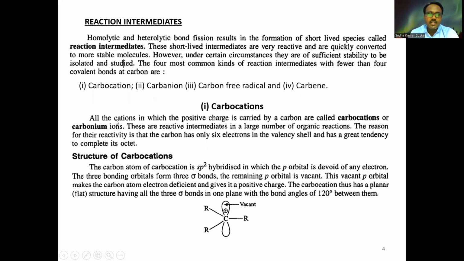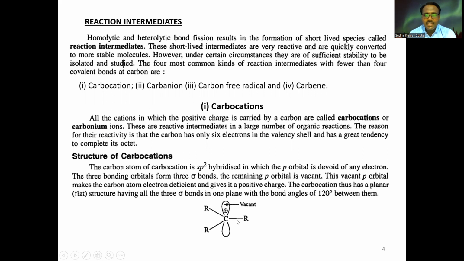If you go for carbocations, they have a positively charged carbon atom, and it is formed when there is a heterolytic cleavage of an organic compound having a covalent bond. In this case, the carbon is deficient of the shared pair of electrons, so it carries a positive charge.